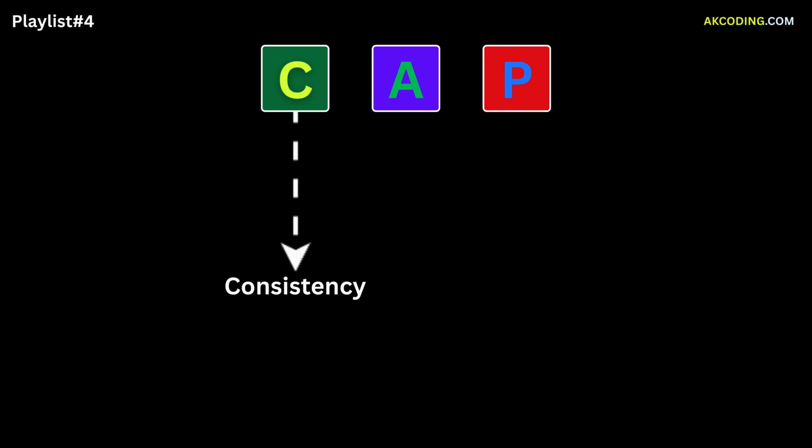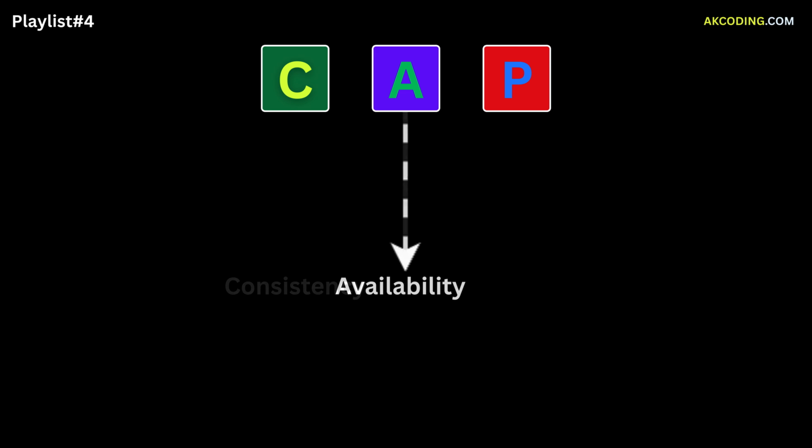Consistency: every read gets the latest write, meaning when you want to get any information from the system, it will provide you the latest information and it would not provide the old data. That's consistency.